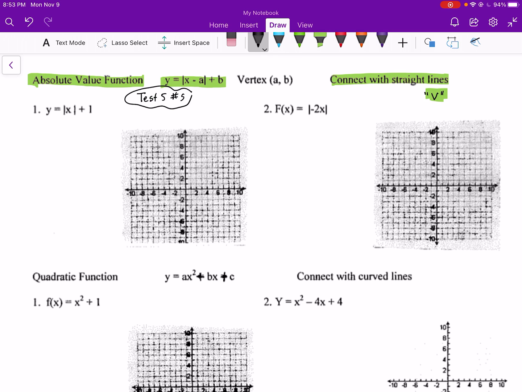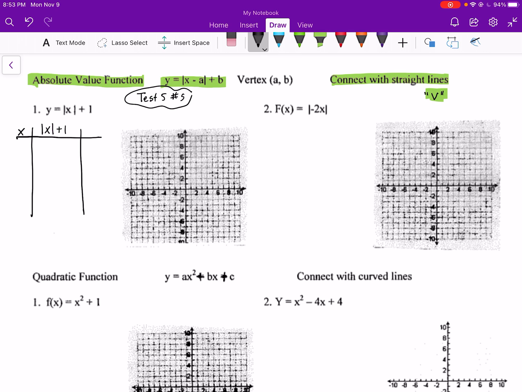All right, so our very first one is y equals absolute value of x plus 1. So I'm going to test 5 numbers. I'm going to do my 3-column table right here, and you can do a 2 or a 3-column. It's up to you. So my input would be x.